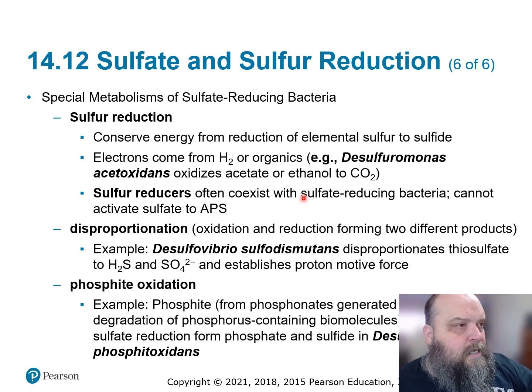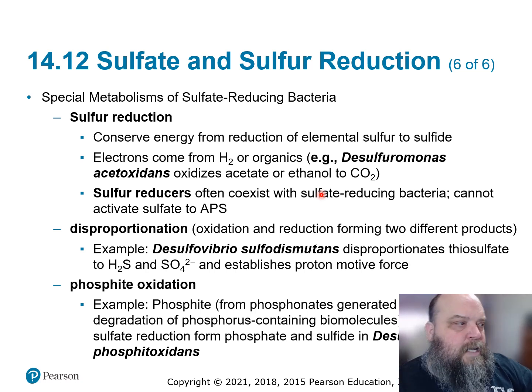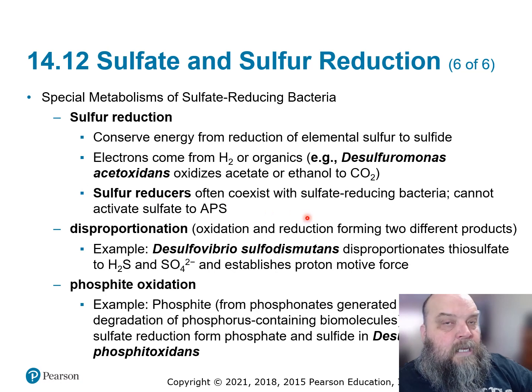What we see is, as with cellular metabolism, you always seem to have this balance of exergonic, endergonic. Well, it turns out sulfur reducers always seem to coexist with sulfate reducers. Sulfate reducers overproduce sulfur-containing compounds, which they excrete out, which these guys then take in and further reduce, ending with hydrogen sulfide.